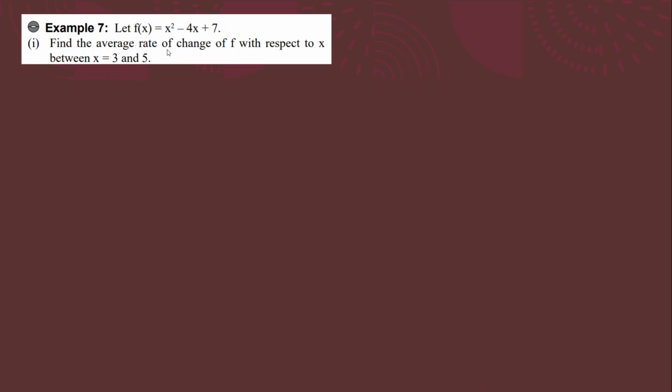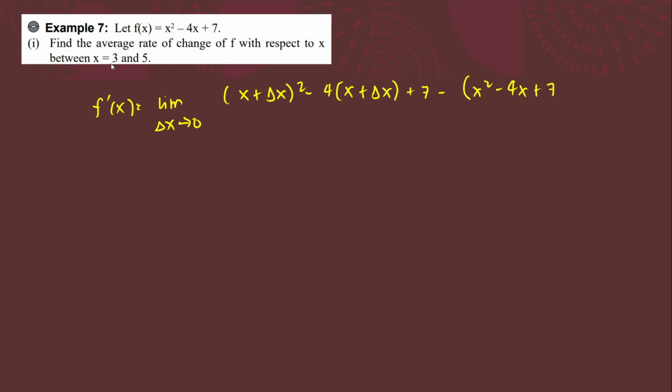Example number 7: let f of x is equals to x squared minus 4x plus 7. Find the average rate of change of f with respect to x between x equals 3 and 5. Okay, so let's derive this first. F prime x, limit as delta x approaches 0, x plus delta x squared minus 4 times x plus delta x plus 7 minus the function itself, all over delta x.